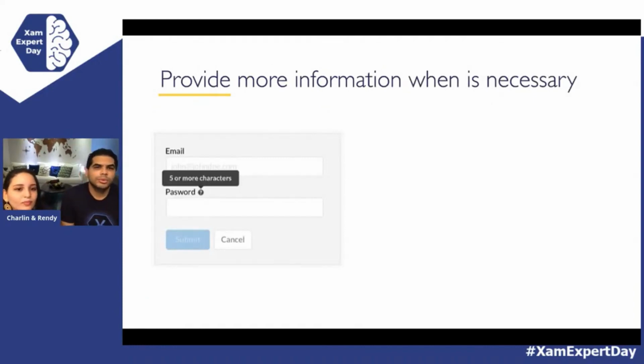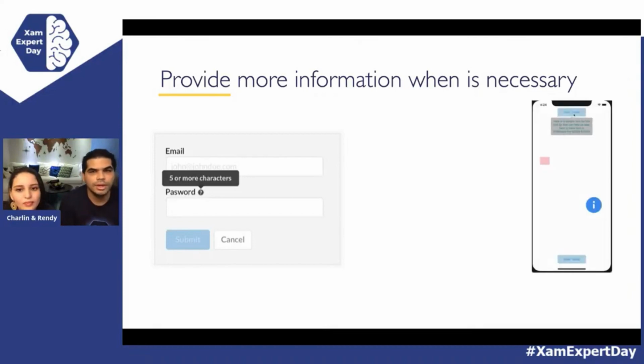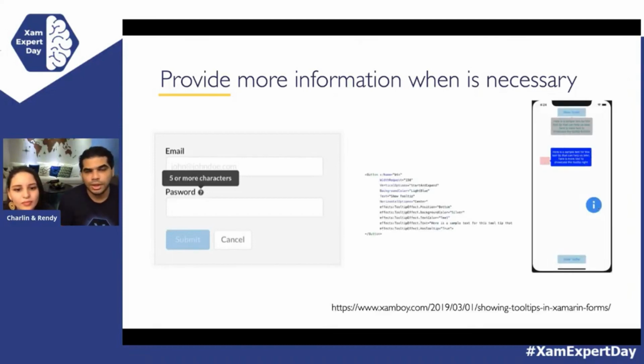Also, provide more information when it's necessary. Sometimes what we are asking might not be clear right away, or even what the correct format is, or what a specific field is that I might not know just by the name. I can have a hint that, if you tap on it, gives you more details. And I don't have to make the UI really heavy.